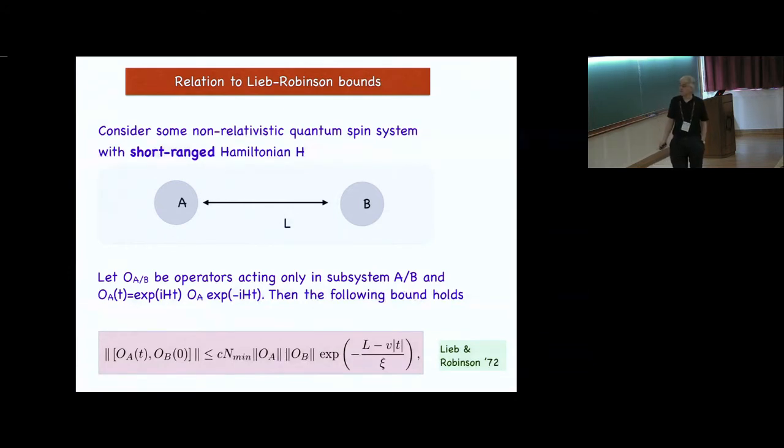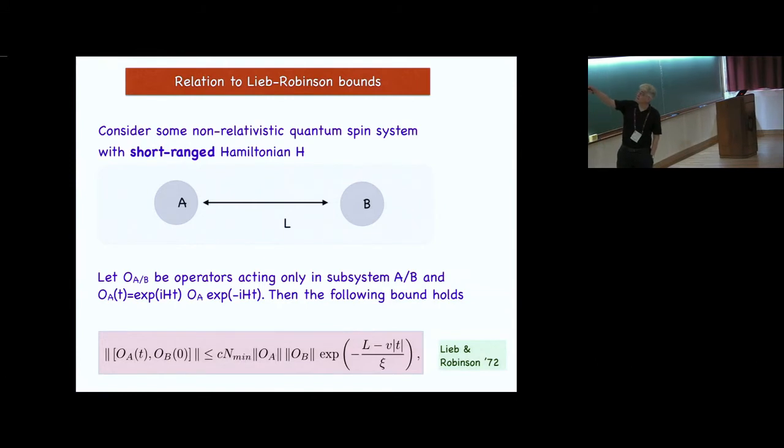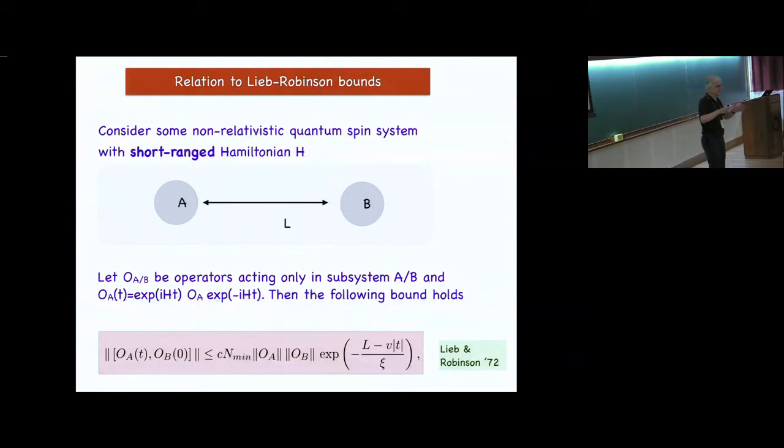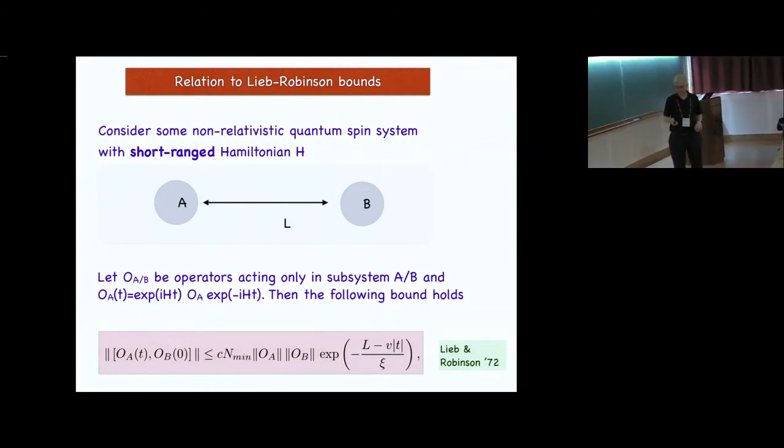1972. So they proved a theorem rigorously. What is the theorem? They said, let's consider some non-relativistic quantum spin system with a short-ranged Hamiltonian. So precisely the type of systems we have been talking about here. An important restriction is that the local Hilbert space should be finite dimensional. So a spin one-half would be two states on each site. That kind of stuff was important for them.